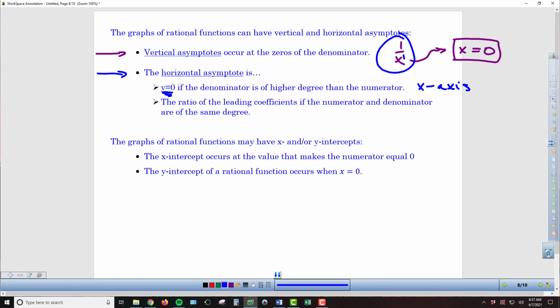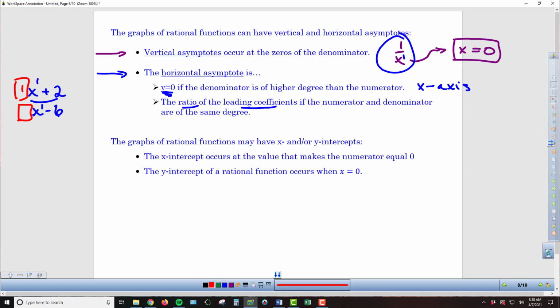If the numerator and denominator have the same highest exponent, so let's say we had (x + 2) over (x - 6) was our function. So now we have the same highest exponent on both the top and the bottom. So in this circumstance, the horizontal asymptote is going to be the ratio of the leading coefficients, meaning the ratio of the numbers that are in front of those highest exponent pieces.